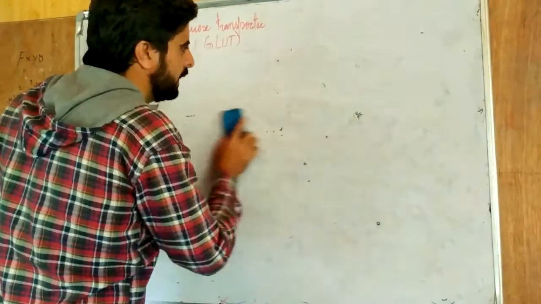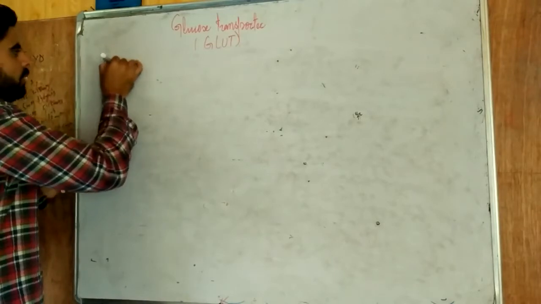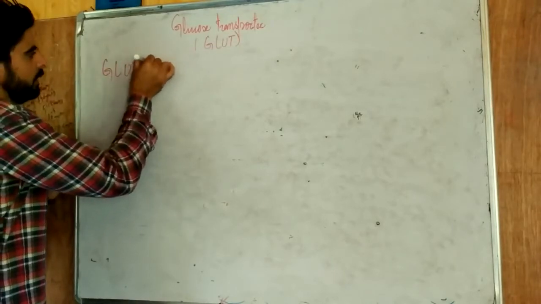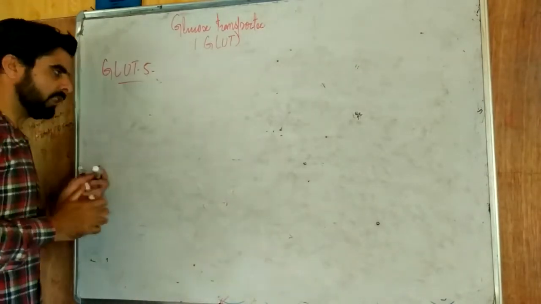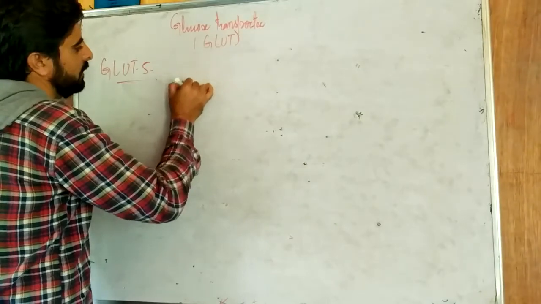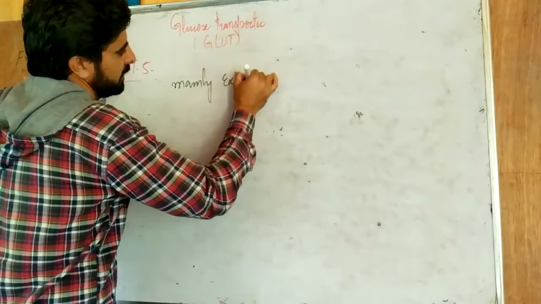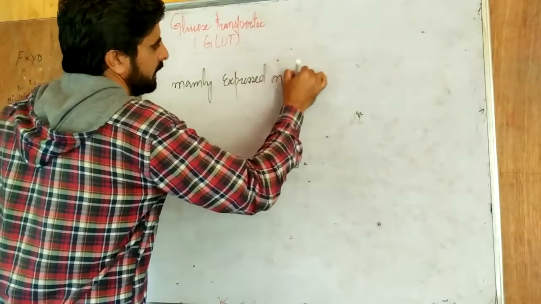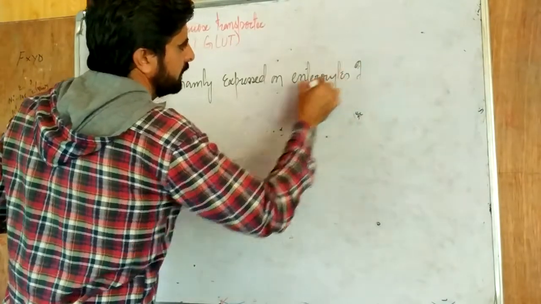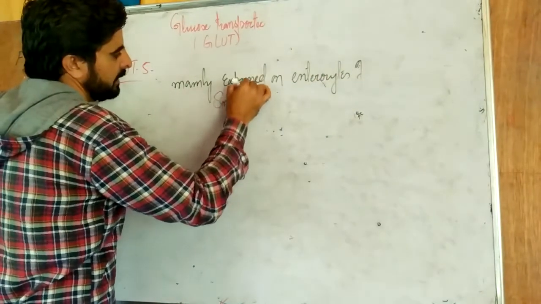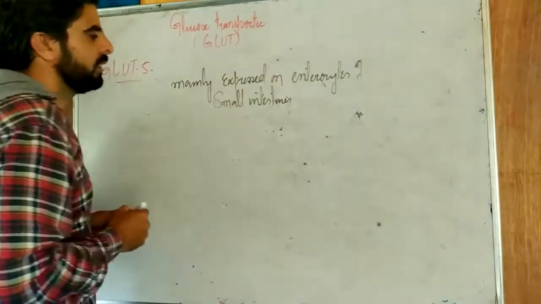GLUT5 is mainly expressed on interior sides of small intestine. What are these interior sides actually?